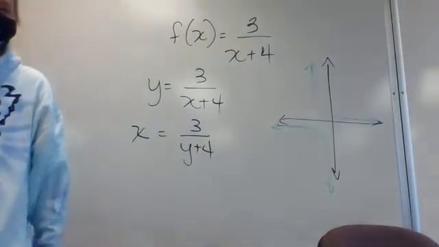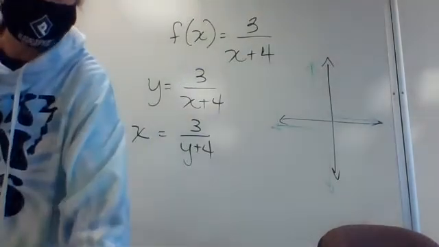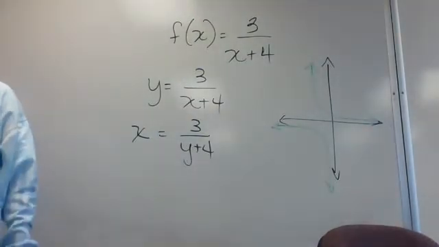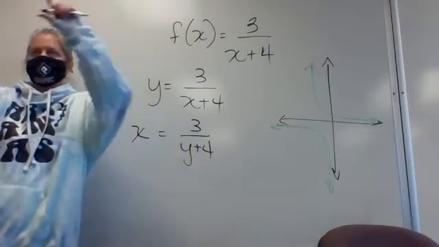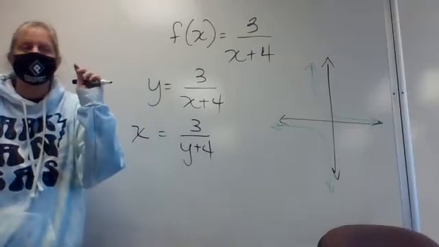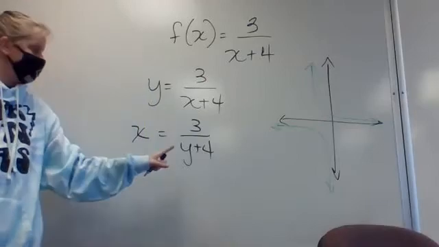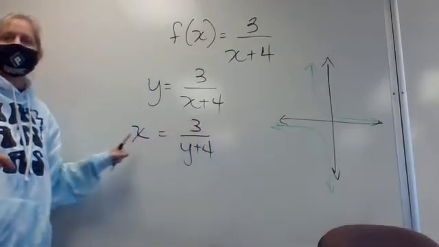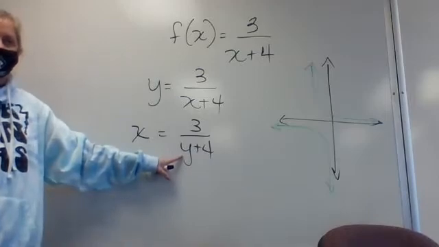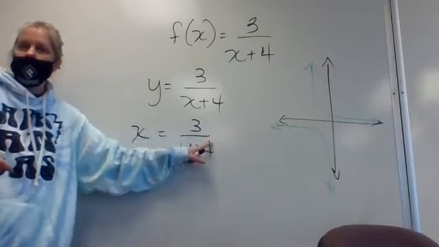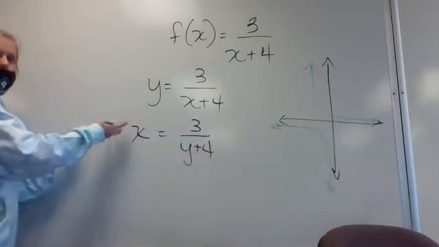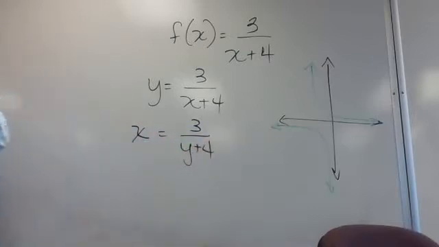Since your y is in the denominator of a fraction, the first thing you need to do in order to get it on a level playing field instead of in the denominator, so you can isolate it, is multiply both sides by this denominator, because it'll cancel the y plus 4 over here. And then once I multiply it over here, it's not going to be in the denominator anymore.